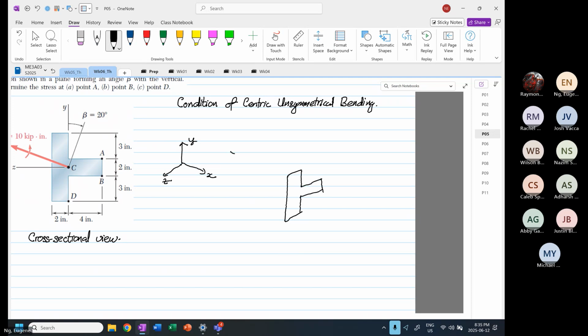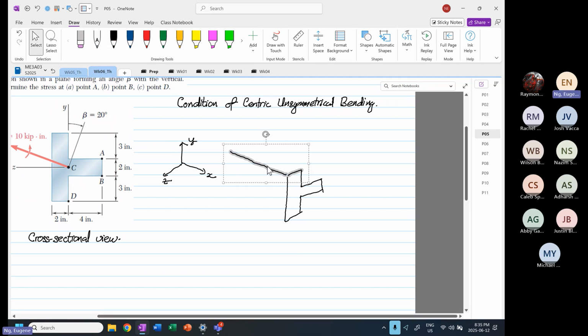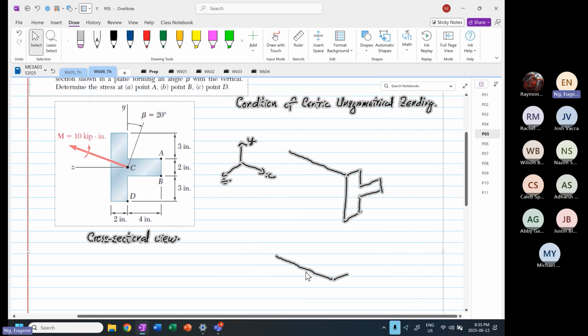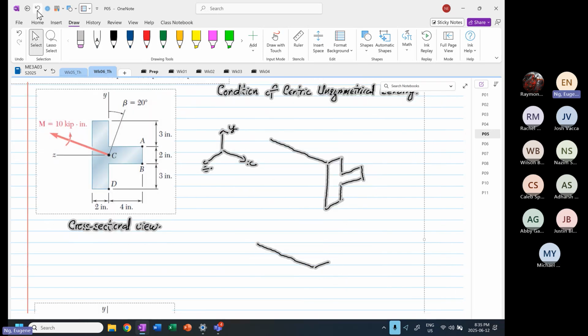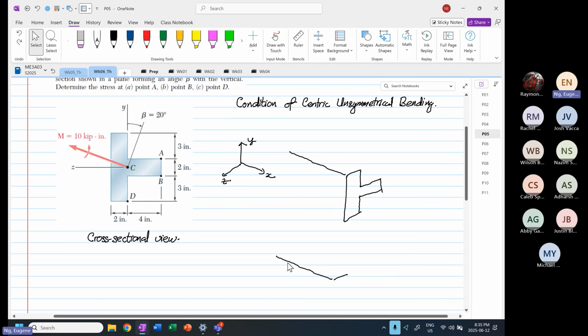So I'm going to cheat. No, I don't need this. Oh, it does not allow me to remove that. Really? Come on, Microsoft. Okay, forget it.